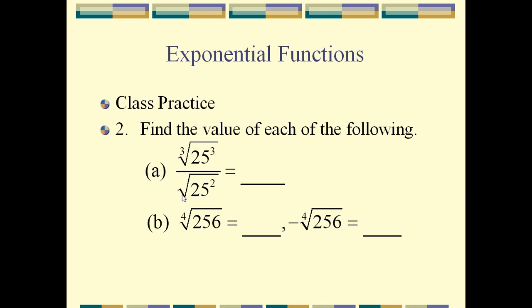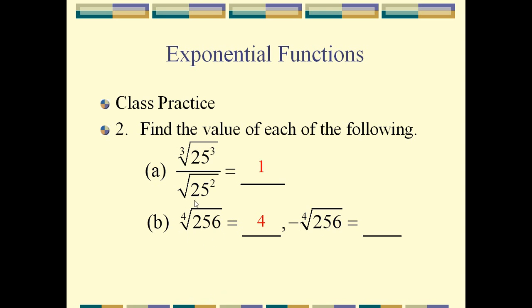But how about when you're taking the square root here? If you do not have a sign here, we assume we take the positive one. So this one you will get 5 on the numerator, and 5 also in the denominator. So 5 times 5 divided by 5, you will get 1. Similarly here, you will get the fourth root of 256.